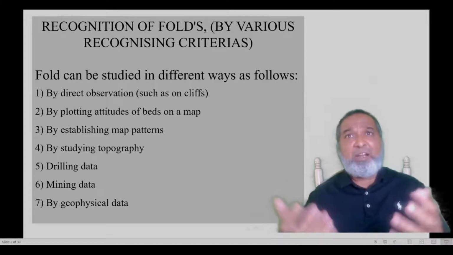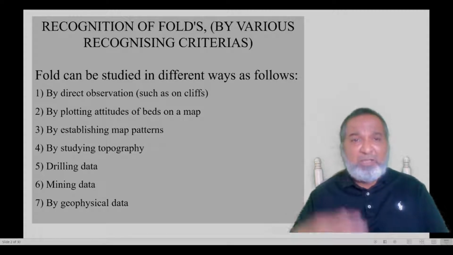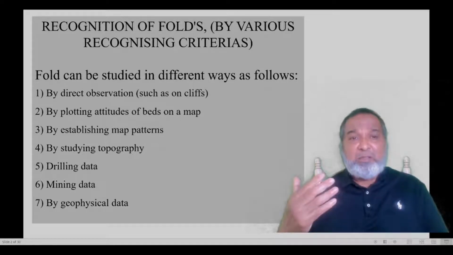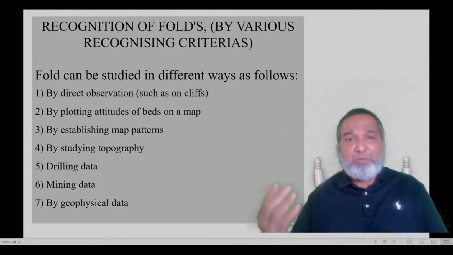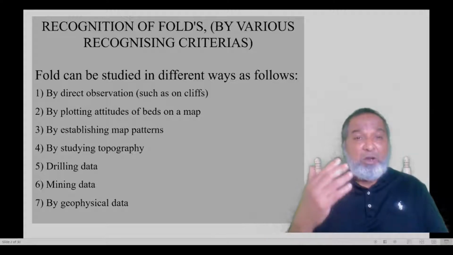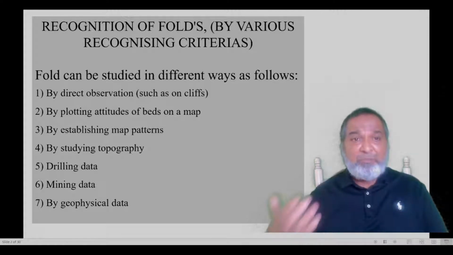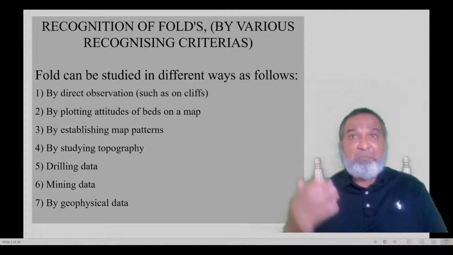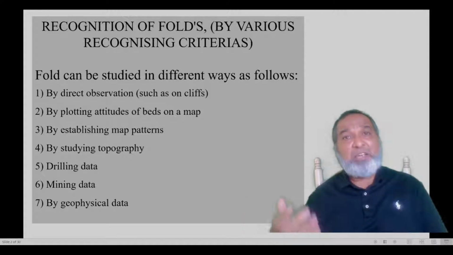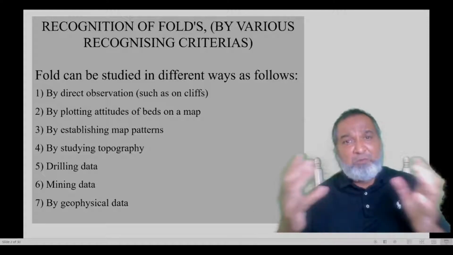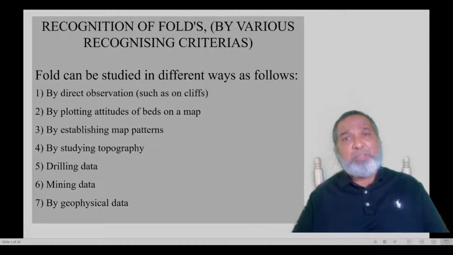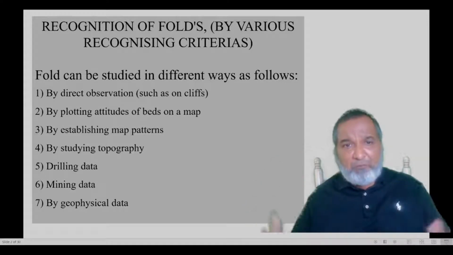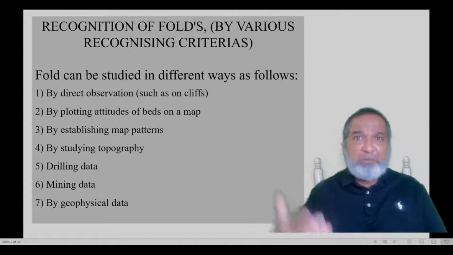Second, the indirect method. Here we plot the attitudes of the beds on a map, or establish map patterns by studying topography, drilling data, mining data, and geophysical data. Whatever data we get in the form of a map or a graph, we interpret indirectly.